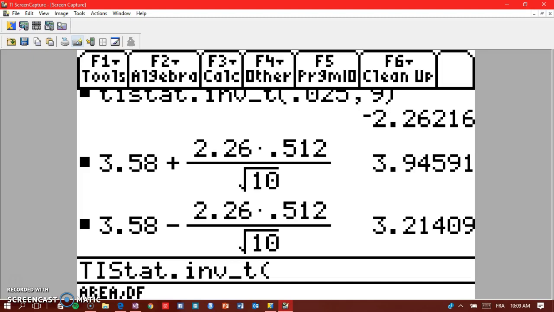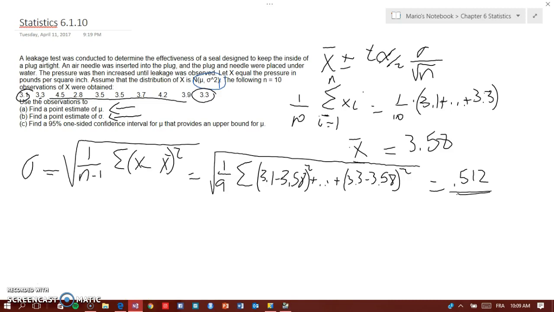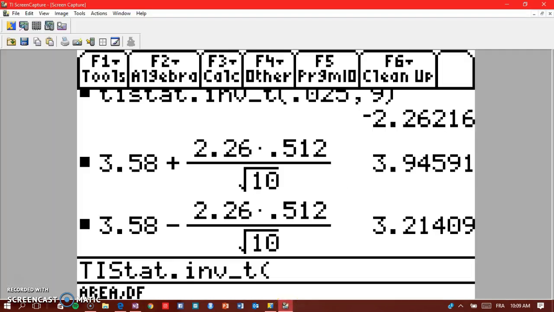The area is because they asked for 95%. Don't forget you have to do 1 minus the confidence level and divide by 2. Then you put that as your area. So 0.025. The degrees of freedom is 9 because you have 10 numbers, so it is n minus 1, since we're only using one variable, x. And there you have the answer.